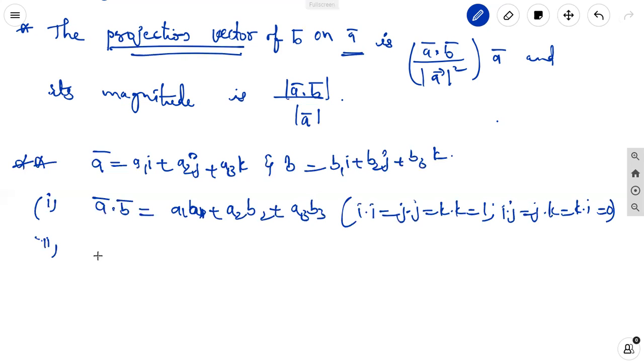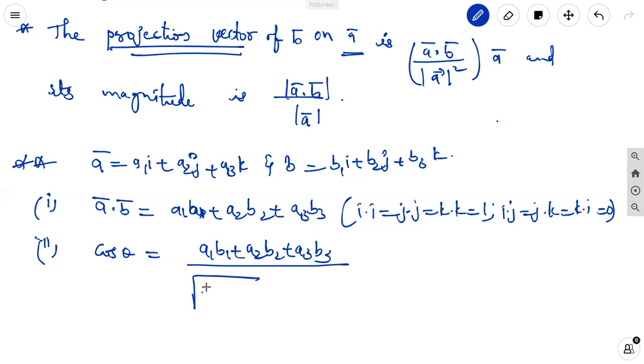If the angle between the two vectors is theta, then cos theta equals (a1 b1 plus a2 b2 plus a3 b3) by square root of (a1 square plus a2 square plus a3 square) into square root of (b1 square plus b2 square plus b3 square).